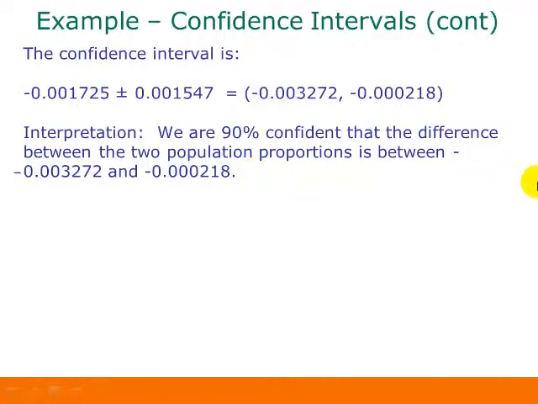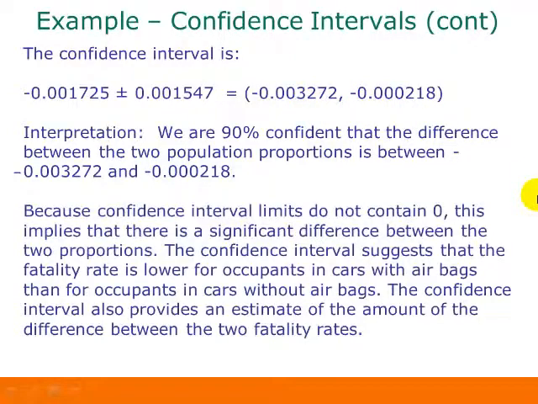Now this is one place when we're talking about confidence interval estimates for two different samples or two different populations, that it means something when we look at our two limits, whether 0 is included in the interval or not. So if we look at this interval, it does not include 0. Both of the numbers are negative.